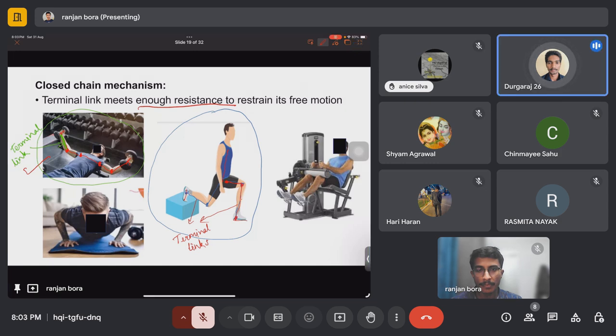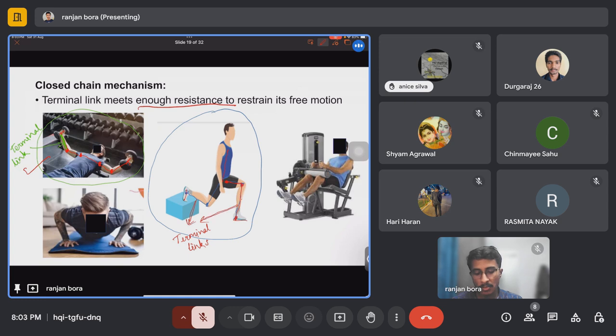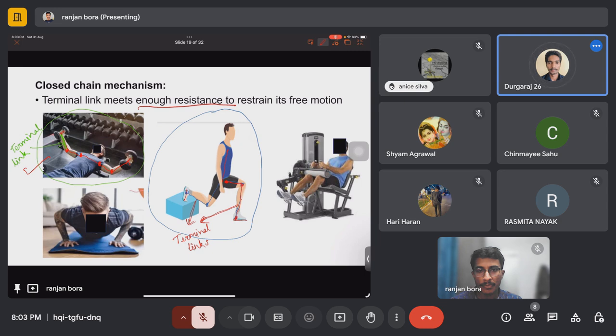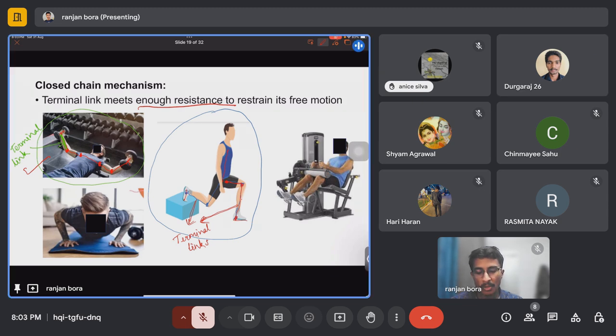So which is the last link here? This one I have shown with the arrows. These two links are the terminal links. It will be based on what kind of exercise he is doing.